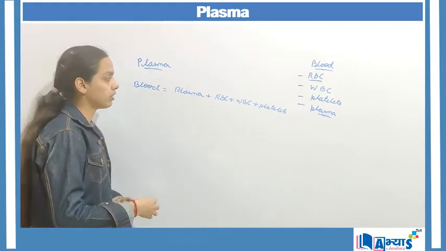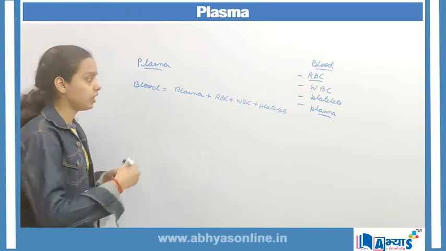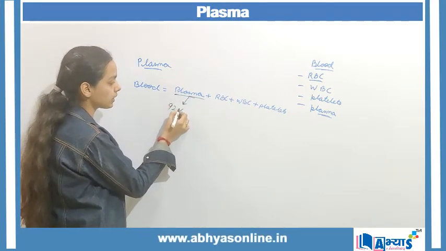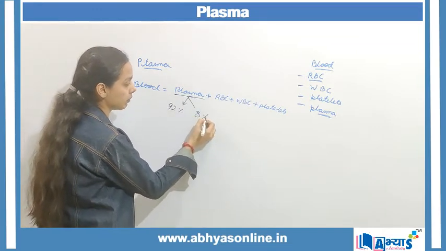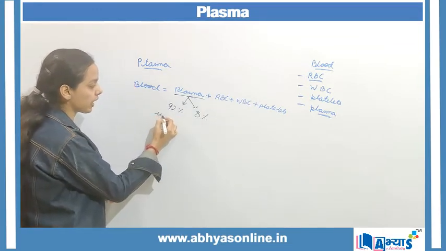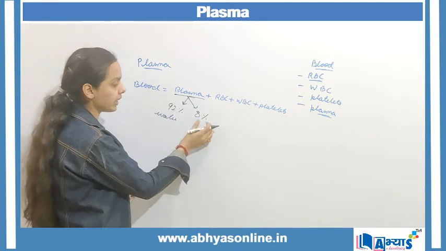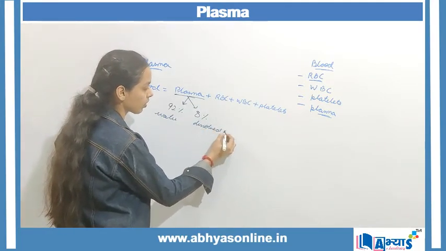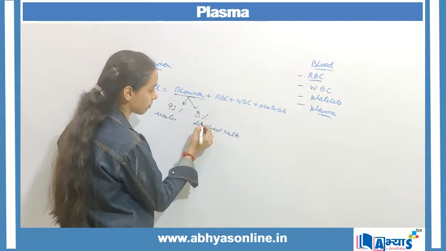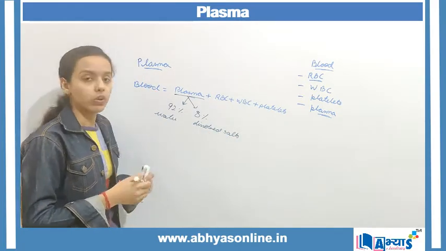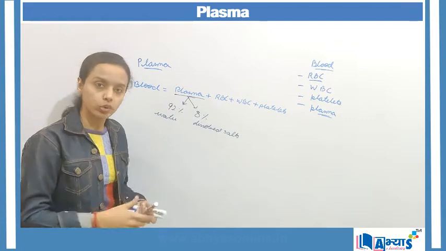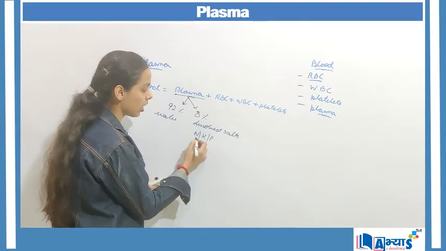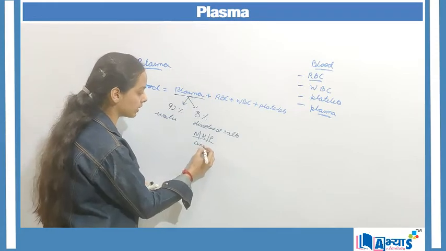Because it is in the liquid state, we can define the composition of plasma like 92% and 8%. This 92% is actually water, and this 8% is the dissolved salts. These dissolved salts basically contain various nitrogen compounds, even potassium, phosphorus, along with certain amino acids.